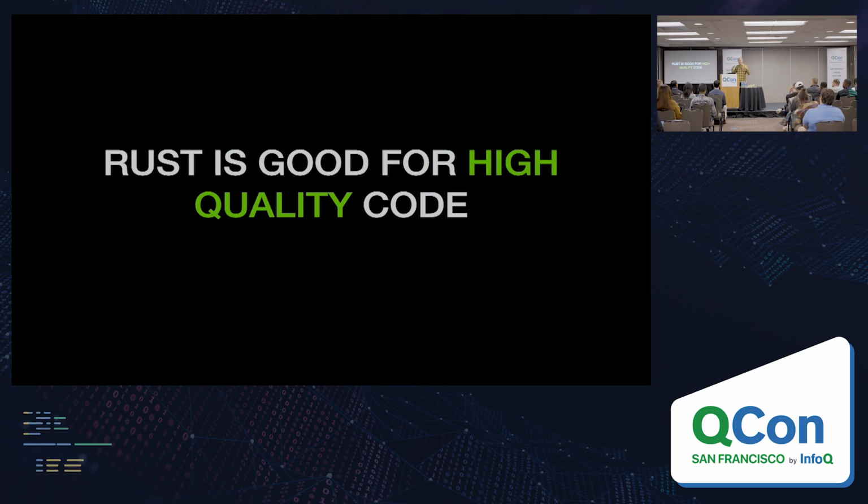So if quality is an issue, maybe C and C++ aren't the right choice, which is probably why there are languages like Java. But less obvious, you probably heard of some stuff like fearless concurrency. Rust's type system can prevent a whole bunch of other bug categories, like data races. So Rust is really good for writing high quality code.